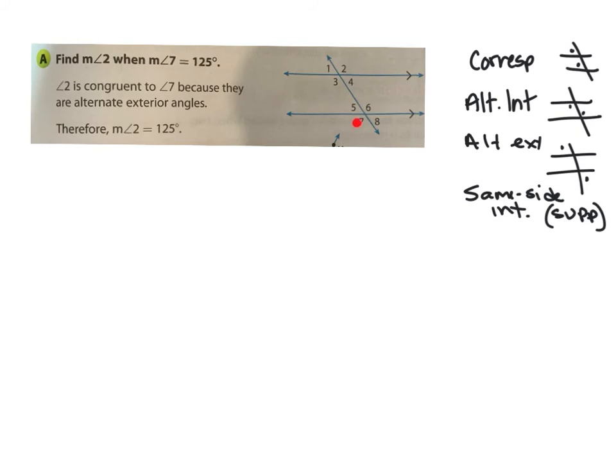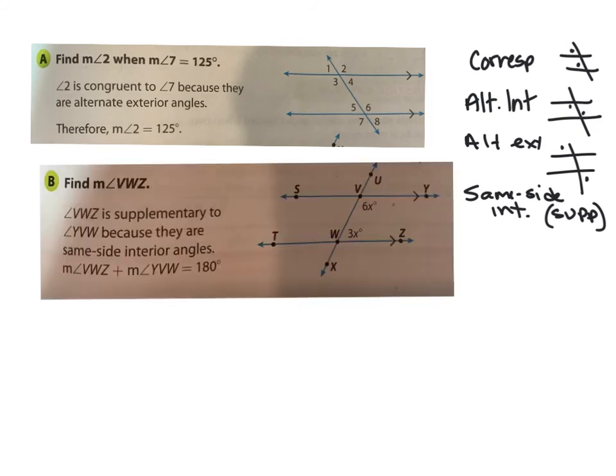So if this is 125 degrees, then because alternate exterior angles are congruent, angle 2 would be 125 degrees. So if they just gave me this one way down here, I could know that that one, based on this rule, is also the same. It's congruent.